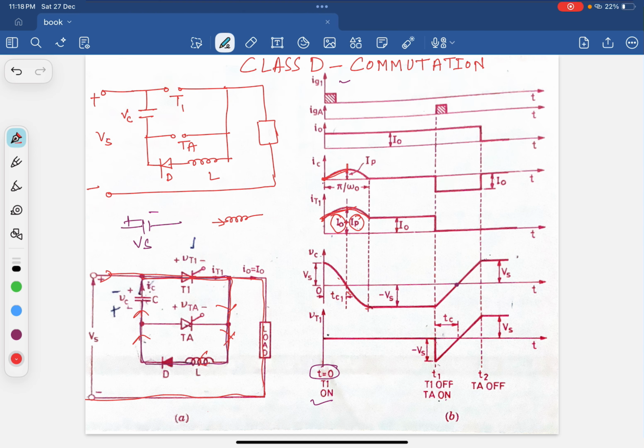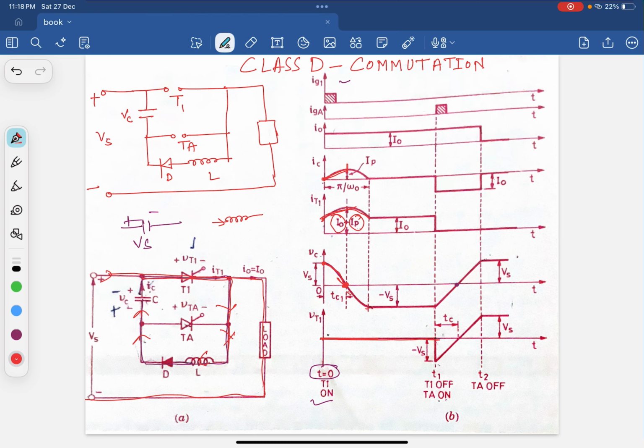If you look at the condition of the capacitor, it was initially charged and is going to discharge to the value of 0. As the charging current flows through T1, inductor L, the diode, and then to the capacitor, it discharges. Also Vt1 is shorted, so there is no voltage across it.